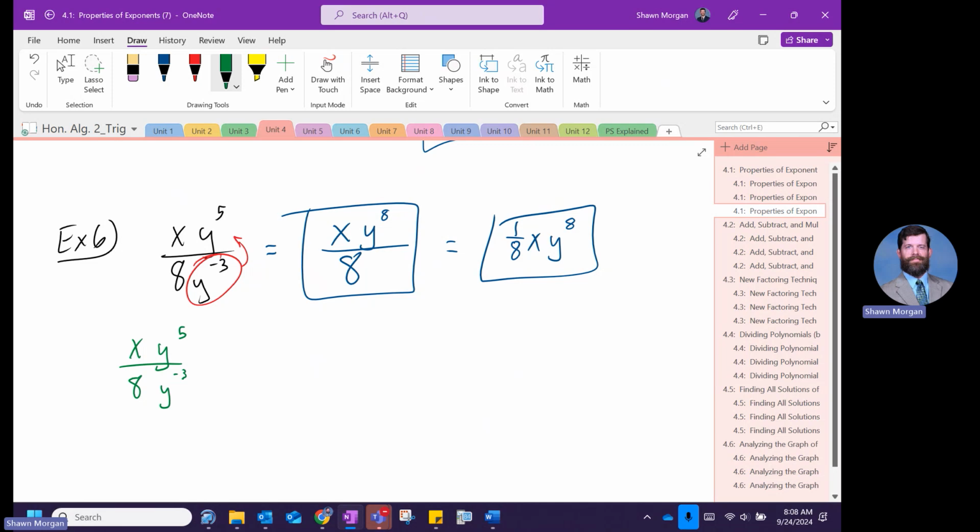And what I mean by a product is that dividing is the same thing as multiplying by the reciprocal. So we could write this as x times y to the 5th, divided by 8 is multiplying by 1/8, and dividing by y to the negative 3rd would be multiplying by 1 over y to the negative 3rd, and then handling each of these individually.